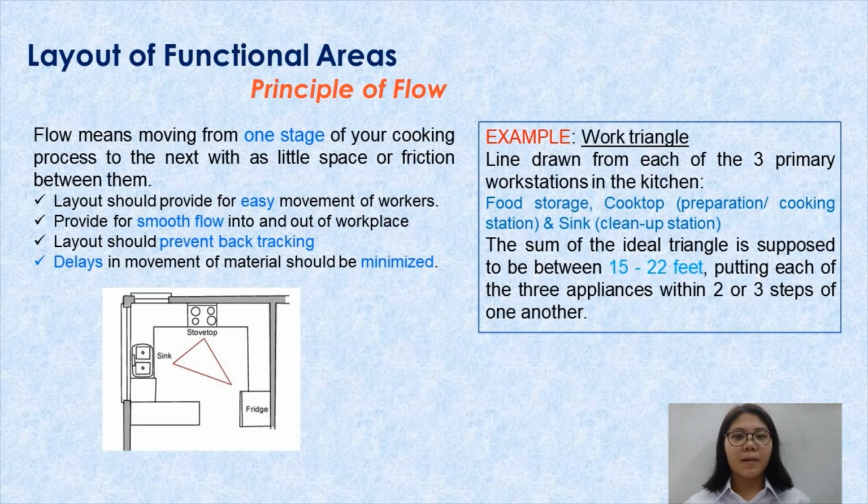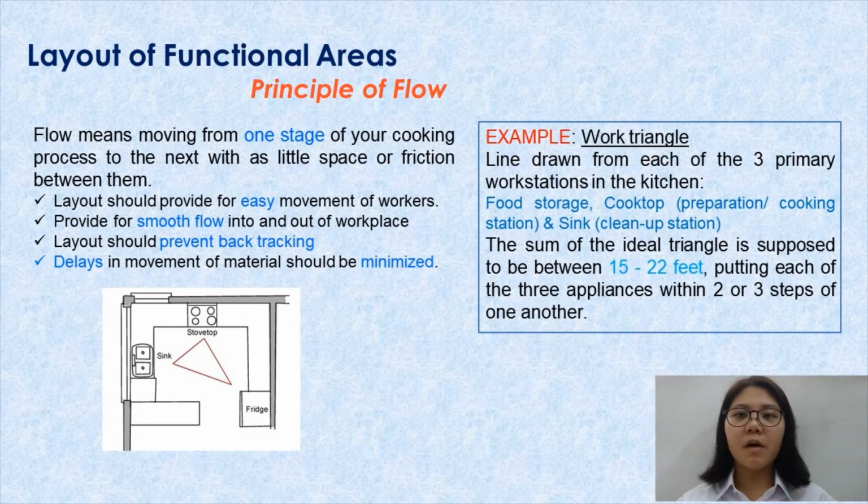For example, the work triangle: the lines drawn from each of the three primary workstations in the kitchen, such as the food storage, the cooktop, which is the preparation or cooking station, and the sink, the cleanup station. The sum of the ideal triangle is supposed to be between 15 and 22 feet, putting each of the three appliances within two or three steps of one another.